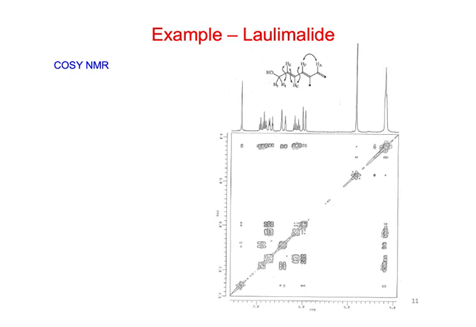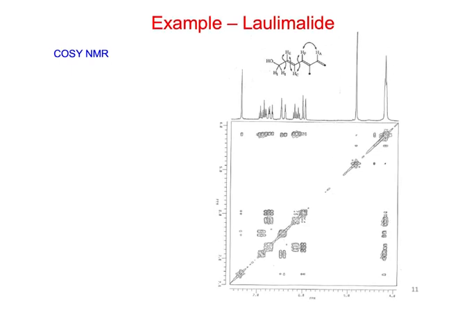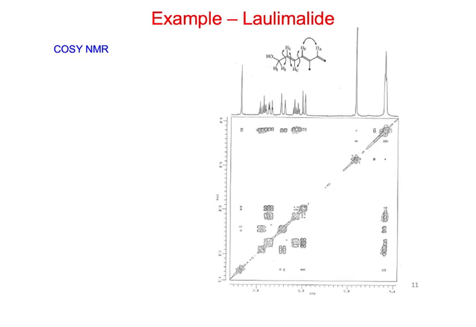Okay, so here's the COSY, and we can start that HA is the most downfield, so that's this one here, right? So we can follow two different splittings from this. One goes in this direction that's shown here.